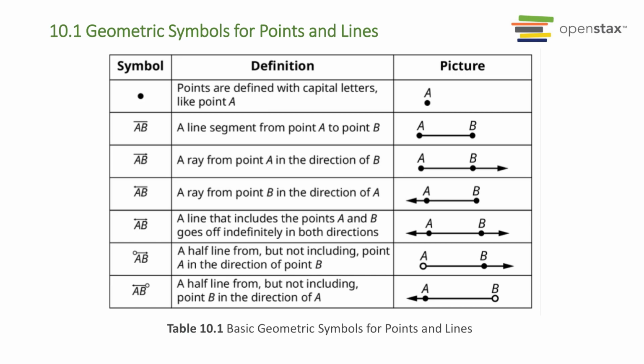So here are the symbols. Math loves symbols. We love writing things in symbols. A point, which we have here, is defined with a capital letter. Here is an example of a point. A point could really be anything. Oftentimes we write it as a filled-in circle, but it could be an asterisk, a square, a star, or a little pentagon.